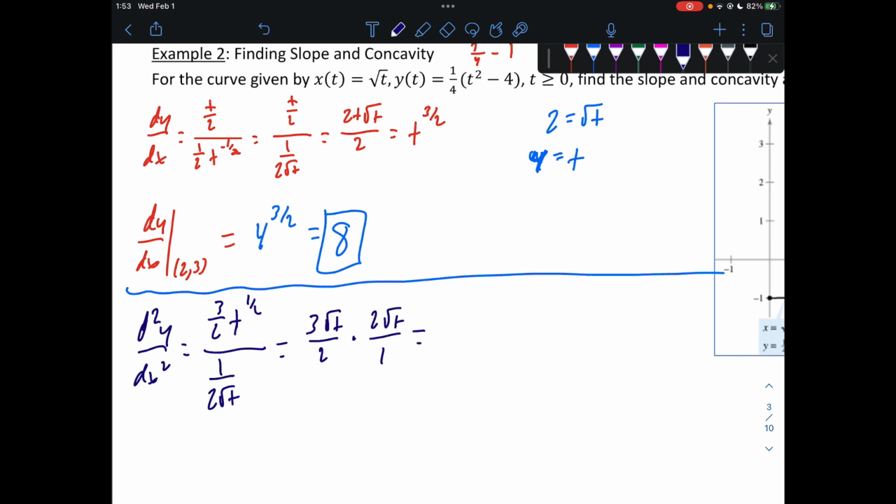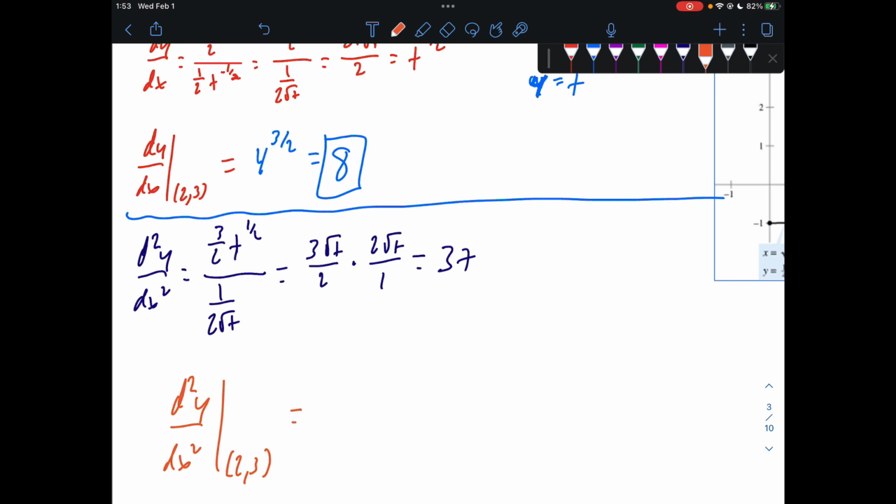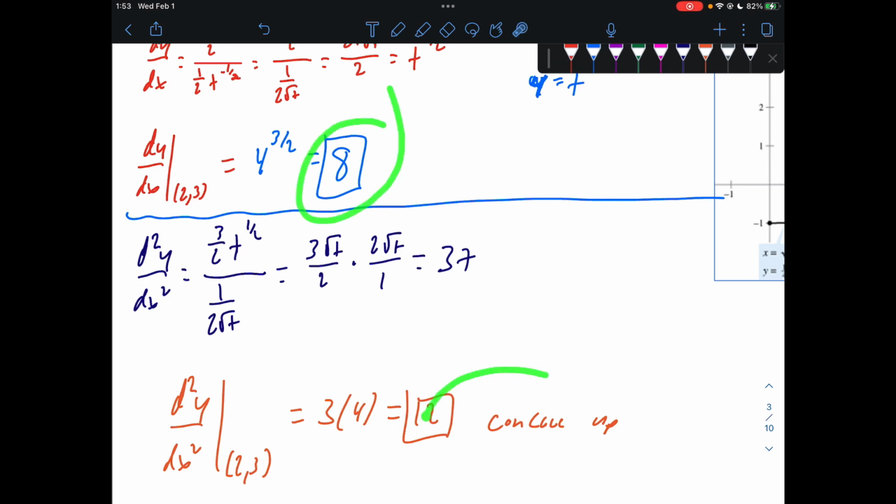That's 6t over 2, or 3t. And then finally, the second derivative at (2, 3). So that's again when t equals 4. Would be 3 times 4, which is 12. So this would be concave up. Increasing and concave up.